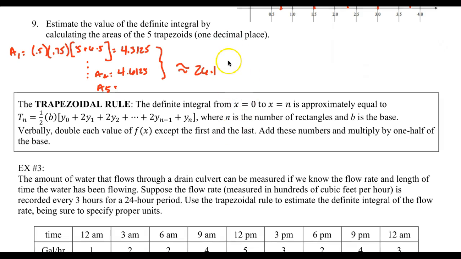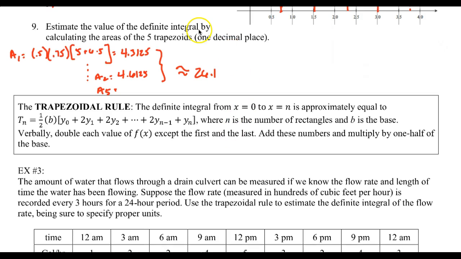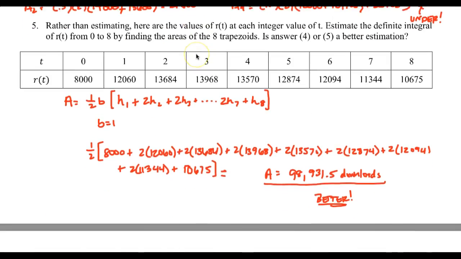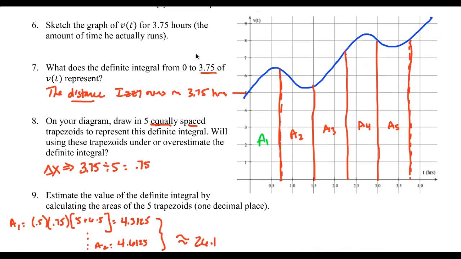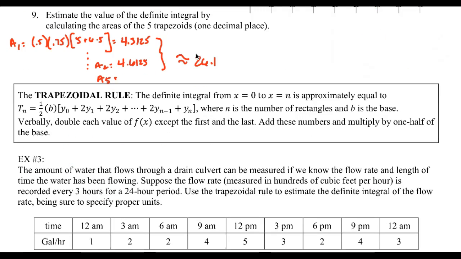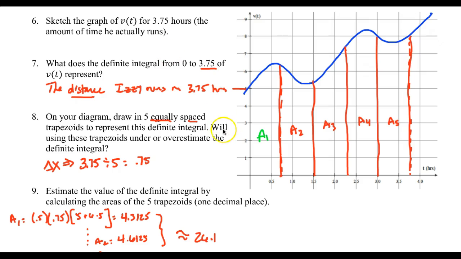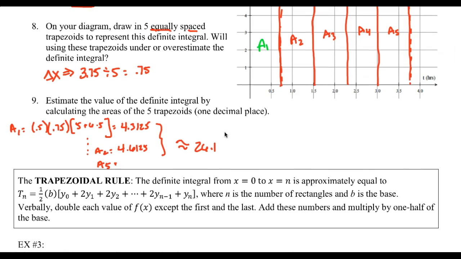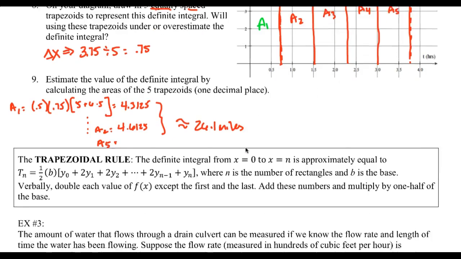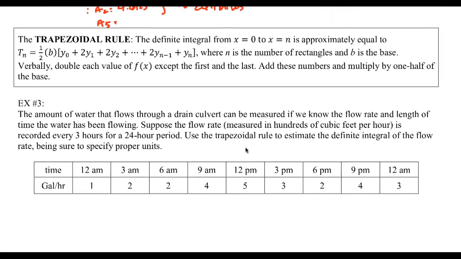Remember, my units here are going to be, let's look again to make sure. Yeah, what is he running in? Miles, right? Yes, he's running in miles. So my units are going to be miles. So there we go. There's the trapezoidal rule.